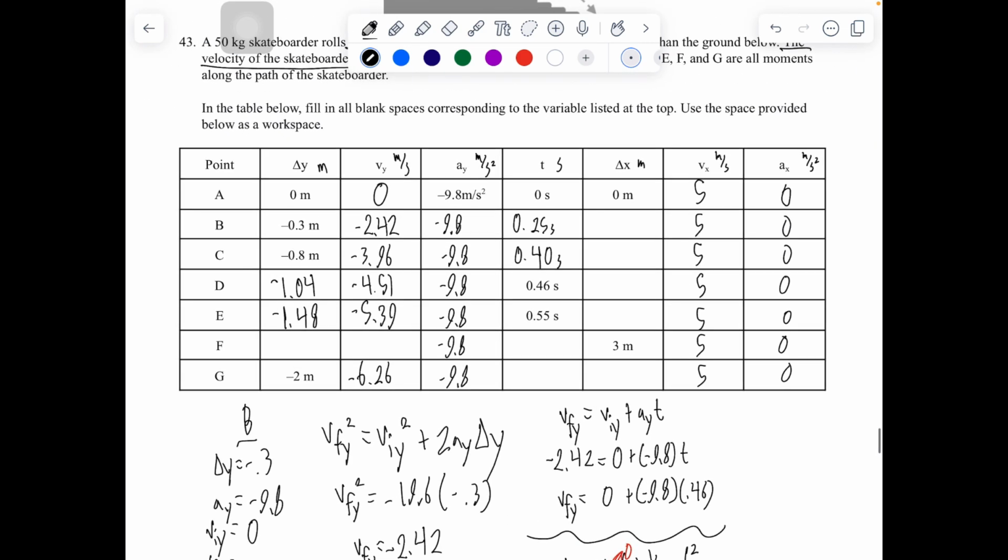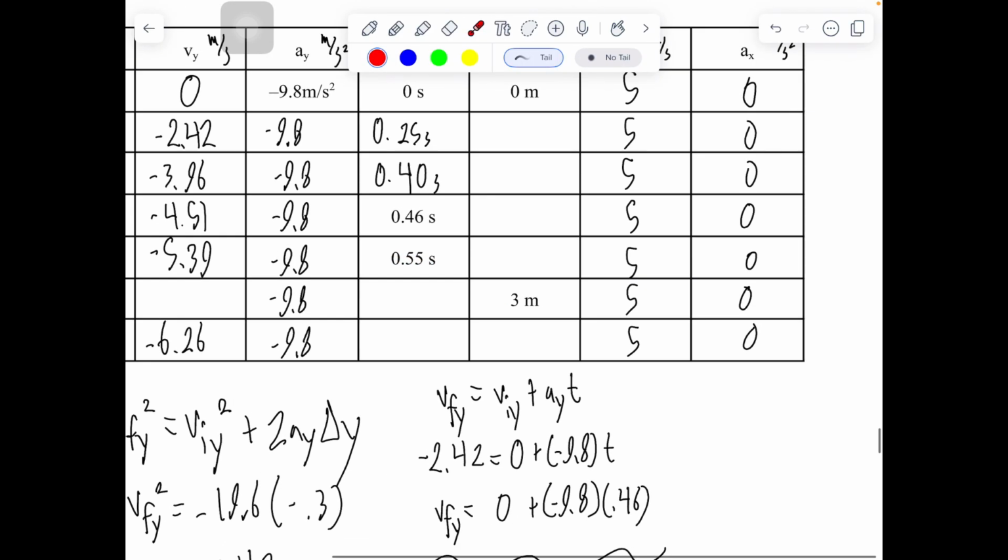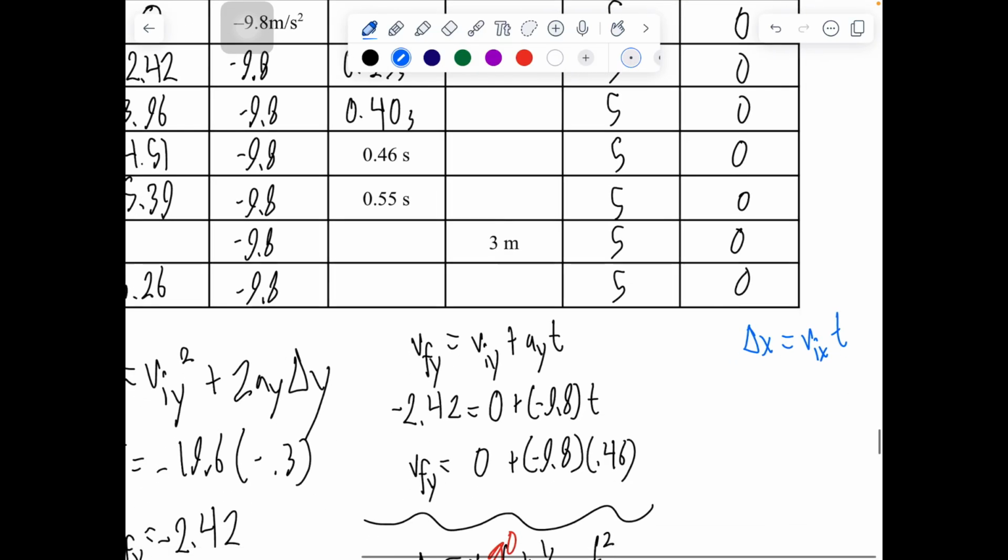So, for, say, this slot, how do we get the time here? Well, use your x variables and say delta x is equal to your velocity in the x times t. Solve for t. Delta x is 3 divided by your velocity gets you your time, 0.6.